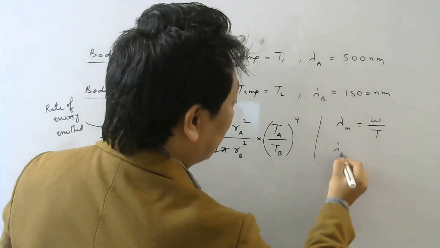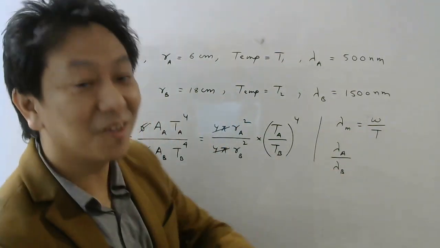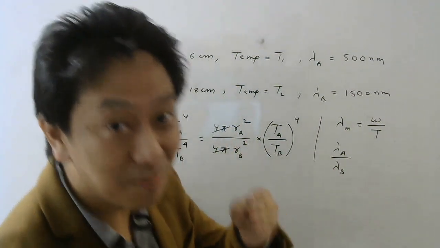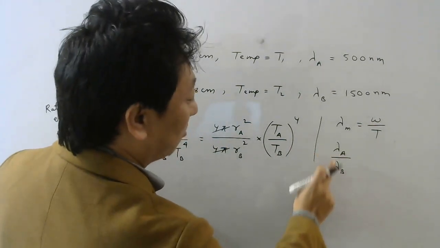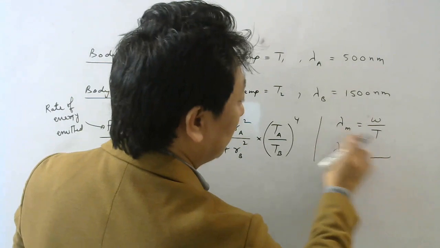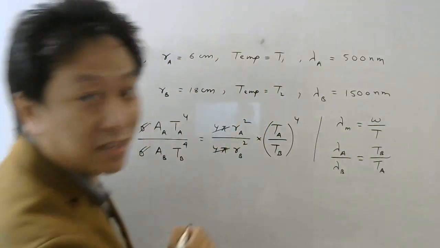That means if you take the wavelength of the radiation emitted by body A where intensity is maximum, that wavelength for body A divided by wavelength for body B will be, since it is inversely proportional, TB by TA. W will cancel.